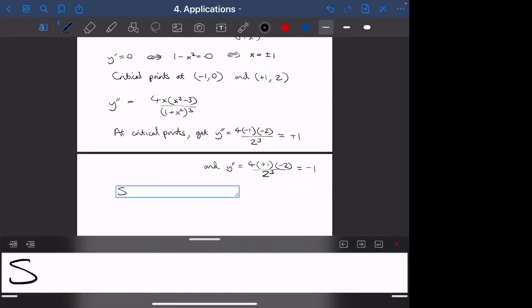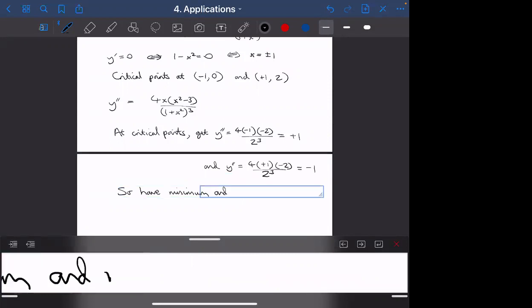So we have a minimum and maximum, respectively.